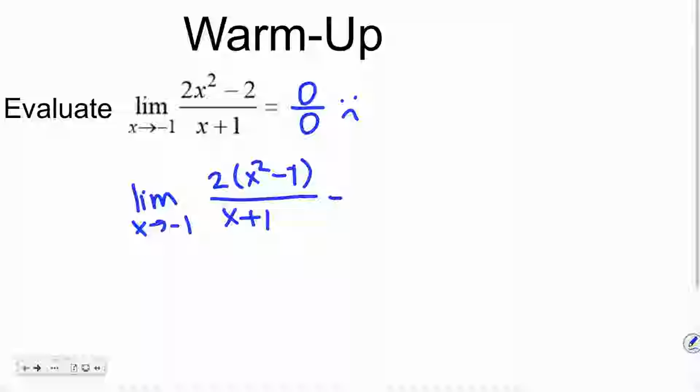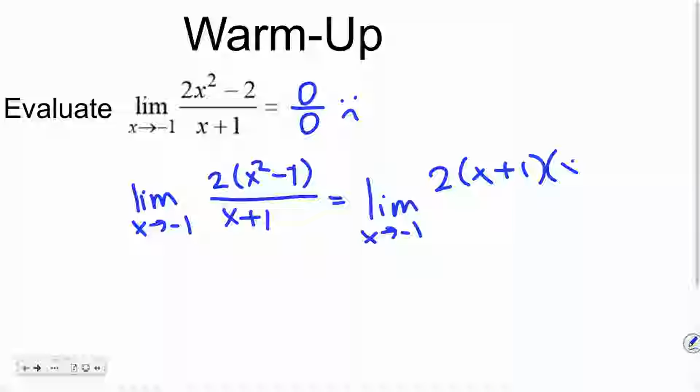Okay, well that's really not helpful yet. Okay, so we can factor that numerator. The x plus 1's cancel. Now can we plug in negative 1?